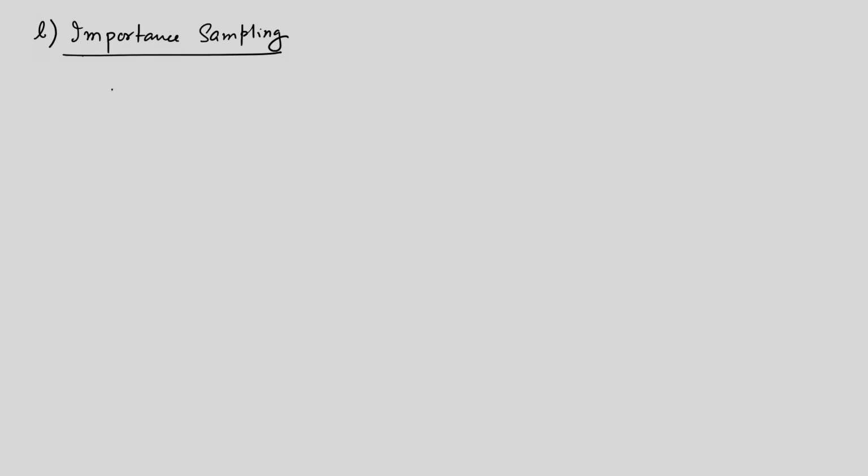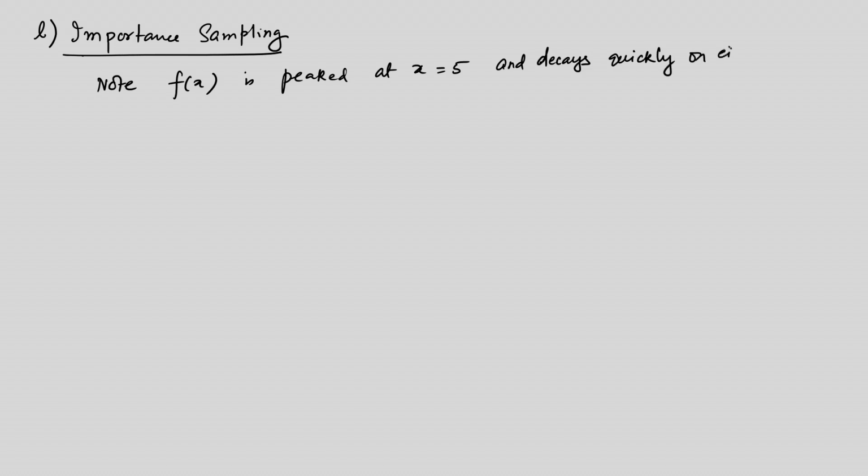All right. So, for doing that, take a note that f(x) is peaked at x equal to 5 and decays quickly on either side of 5. So, if that is the case, taking a uniform distribution is probably not such a good idea.